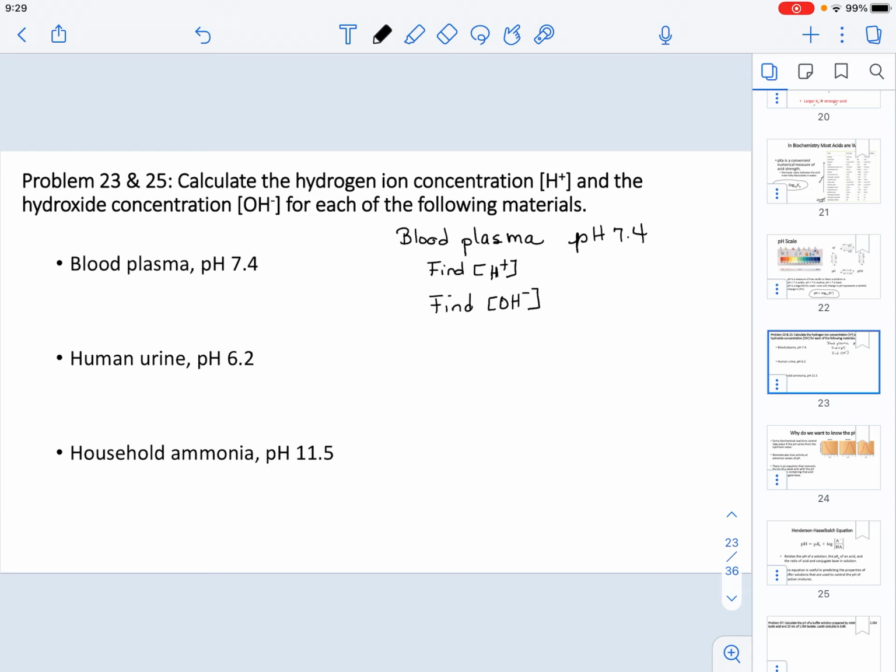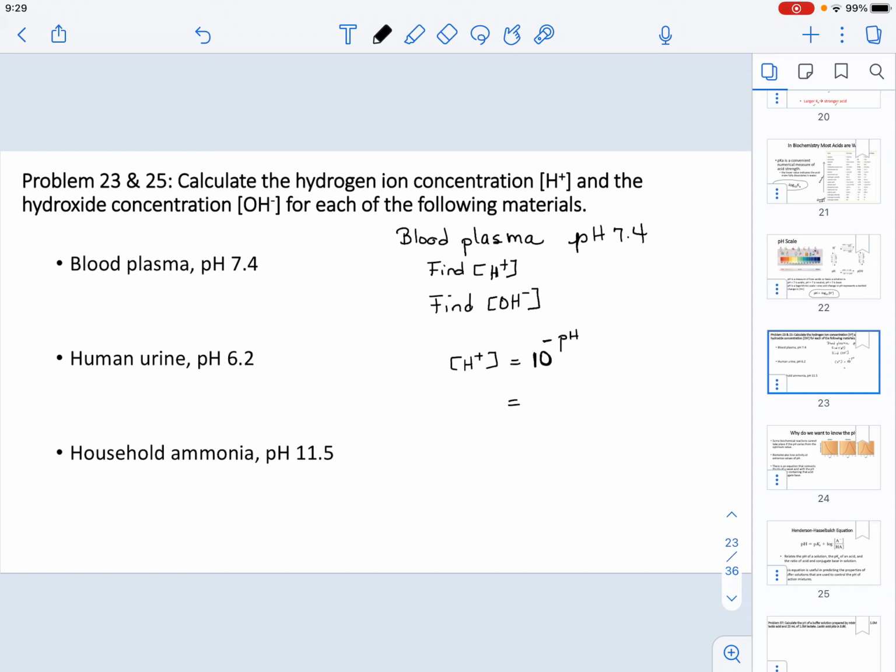So in a case where you're given pH, if we look at the equations that were given before, we can directly find the concentration of H plus, because the equation that we're going to utilize is 10 to the negative pH. If you raise 10 to the negative pH power, that will give you the concentration of H plus.